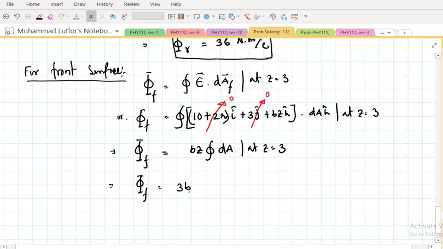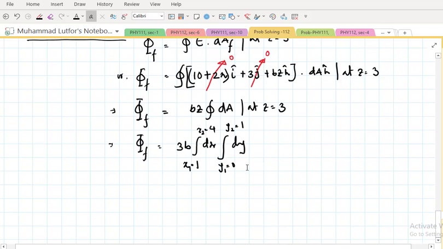I have to find out that parameter b over here, and for dA I'll have two integrals, one is dx and another is dy. So x goes from 1 to 4, and y goes from 0 to 1.